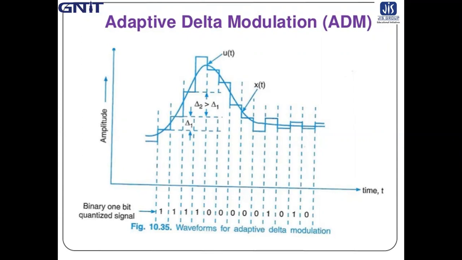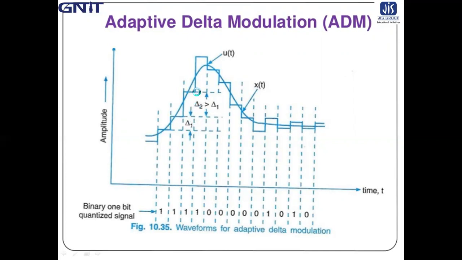In adaptive delta modulation, the step size is not fixed. The step size varies according to the slope of the input signal. See here, the step size is delta 1. Now in this portion, the slope is higher compared to the lower part, so the step size becomes larger. So the step size here is delta 2, which is larger than delta 1.